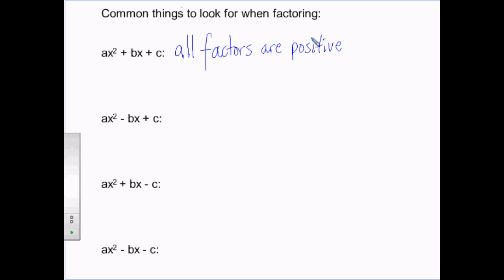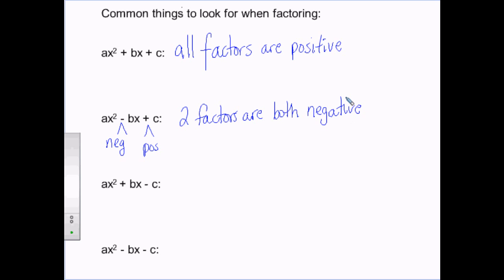Now, if this is negative and this is positive, your factors are going to be negative. Right? Because two negatives multiply to make a positive, but add to make a negative.